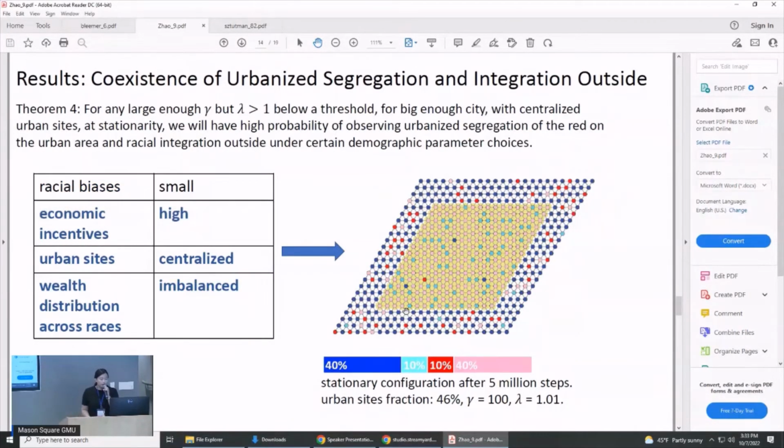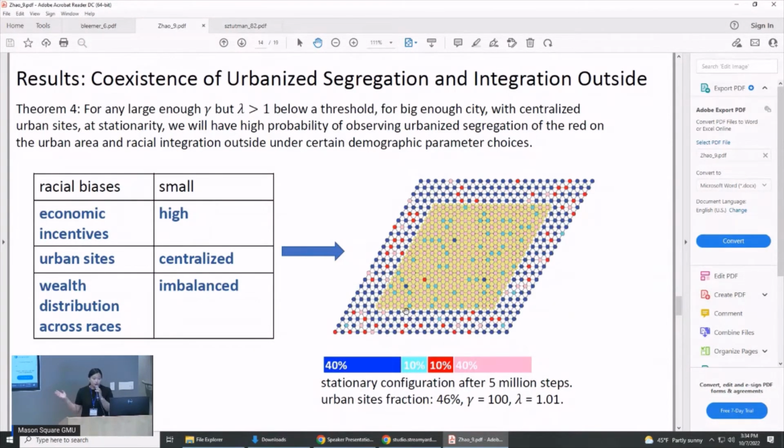We find one phenomenon very interesting. Even if racial biases are small, as long as there is wealth disparity with centralized urban sites, when economic incentives are high at stationarity, we could still find high probability of observing urbanized segregation in the urban area, although we will also have very high probability of seeing integration outside.